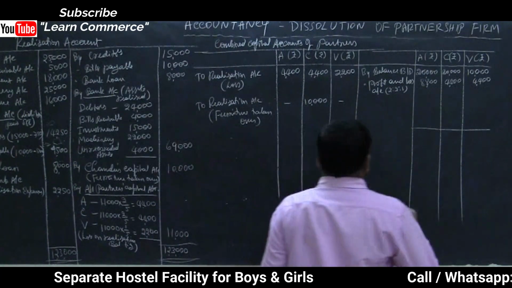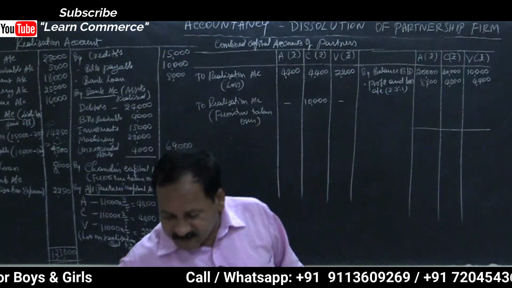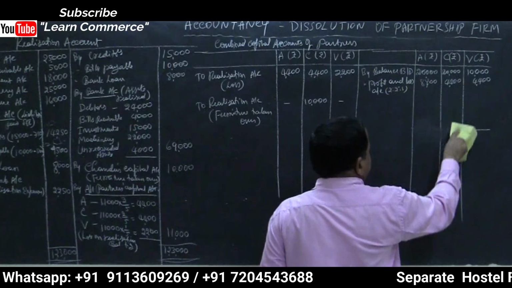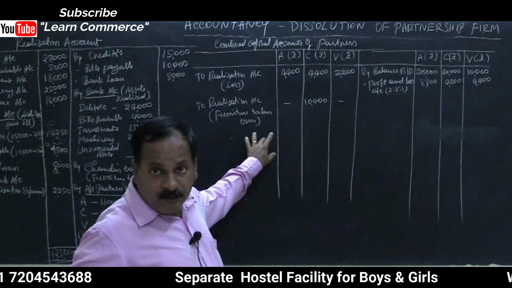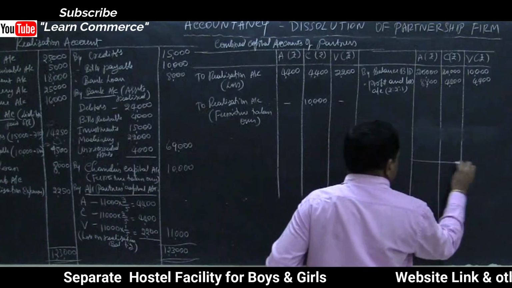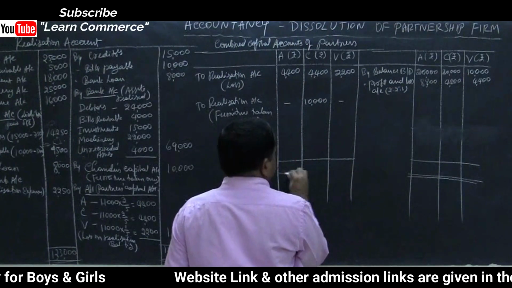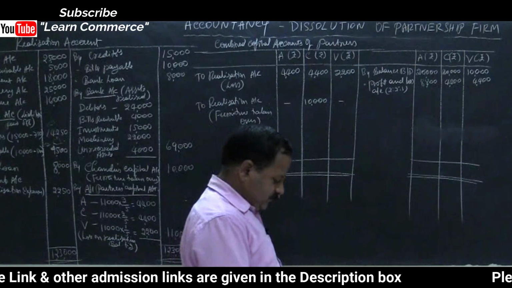Leave one line gap here, because you have to make the final payment, right? So leave one line gap, then draw the line. Here you will pass one entry. Take this alignment. Yes. Write the total. How much?